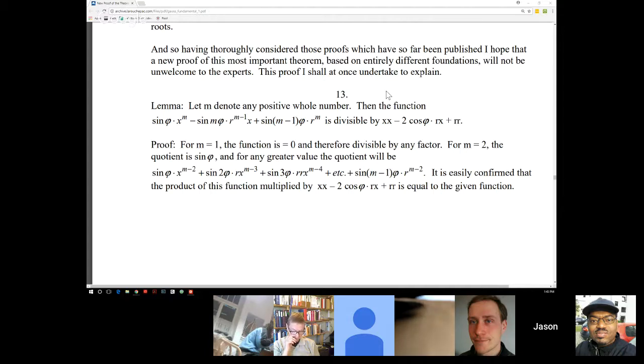It is easily confirmed that the product of this function multiplied by x squared minus 2 cosine phi multiplied with r x plus r squared is equal to the given function.